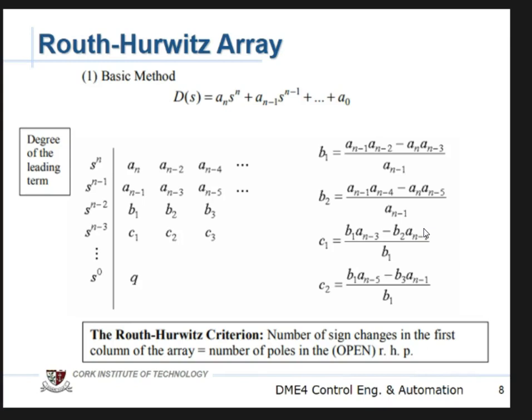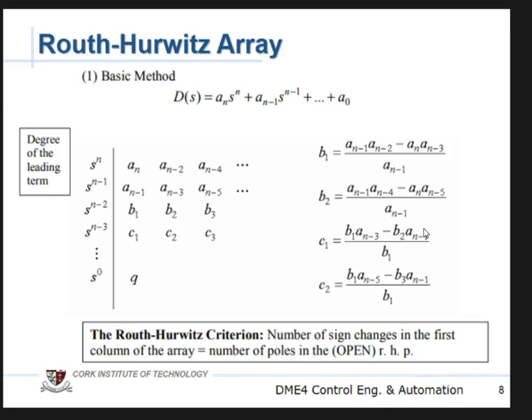s to the n is the highest power in my denominator, so in this case it's s to the 3. The next one is s to the 2, then s, and then an independent coefficient. The array has n plus 1 rows: if n is 3, I'm going to have 3, 2, 1, and 0, so I should have 4 rows when I've constructed it properly.